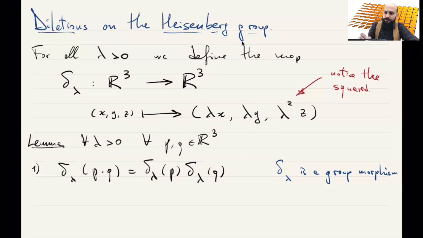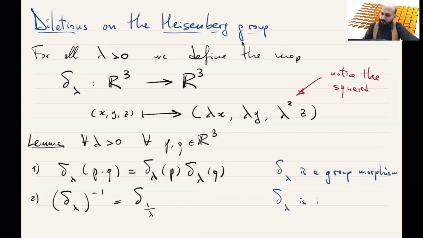The second fact is that it is actually an isomorphism. It's invertible. So delta lambda is invertible, and the inverse is the dilation by 1 over lambda.